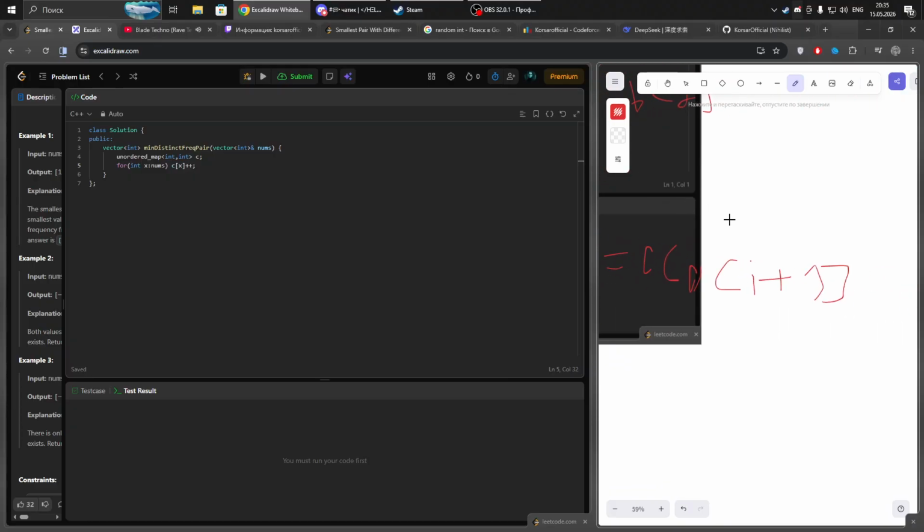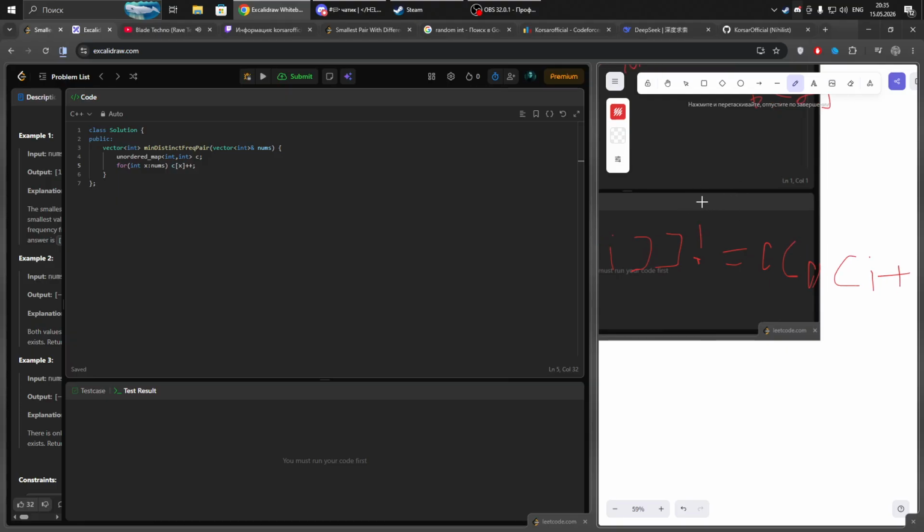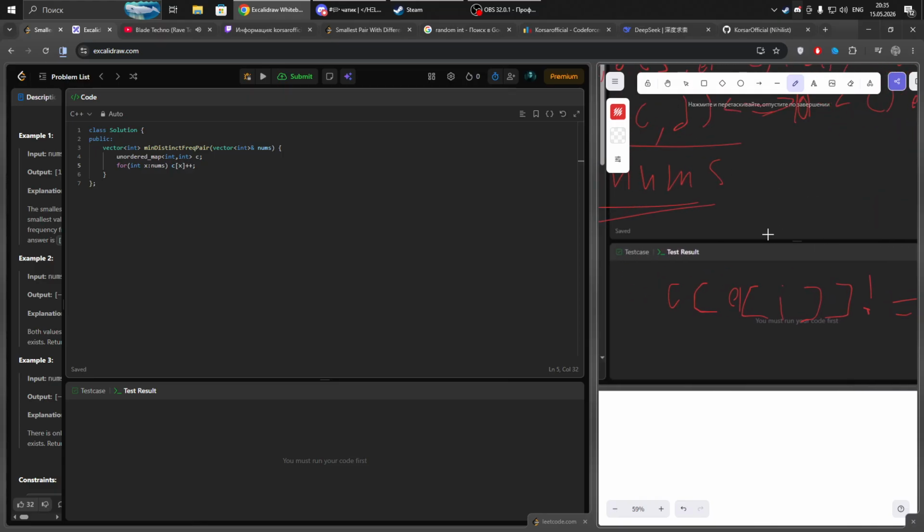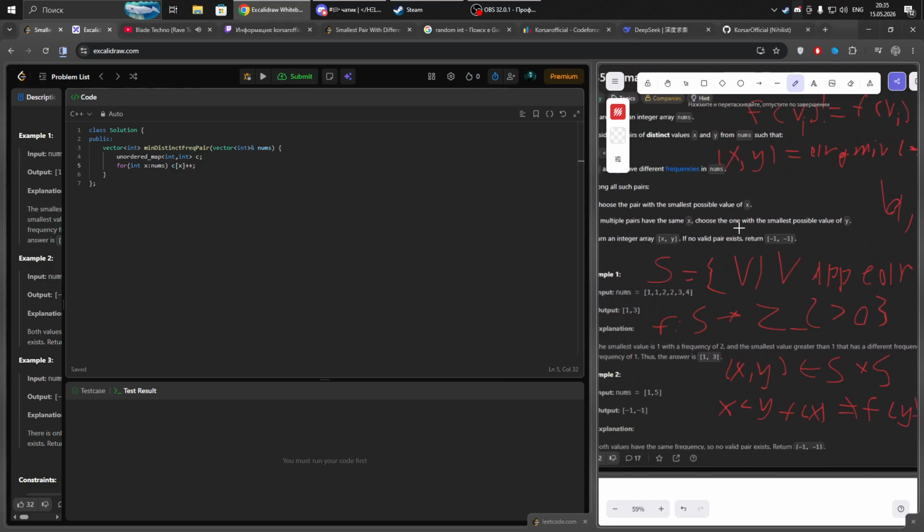So then the answer is a of i and a of i plus 1, and if no such i exists, for all i in 0 to m minus 2, which implies by transitivity that all have the same frequency. We use vector int a, and I reserve c dot size.